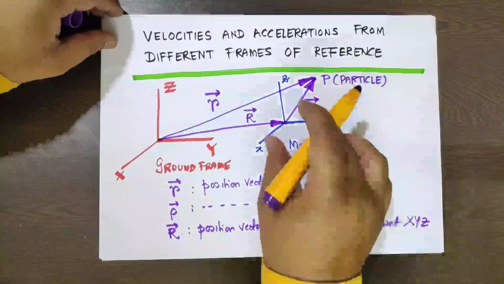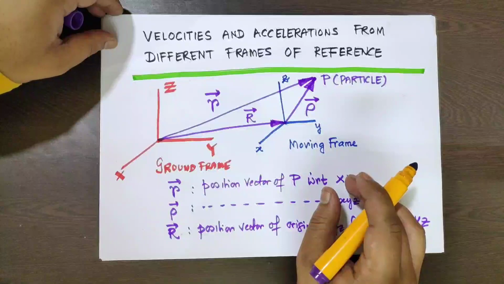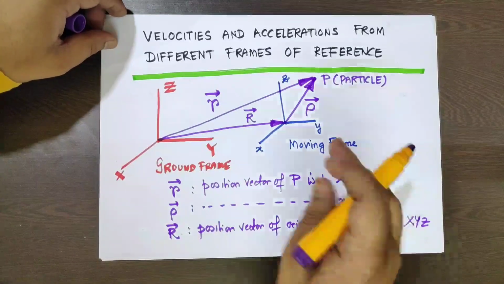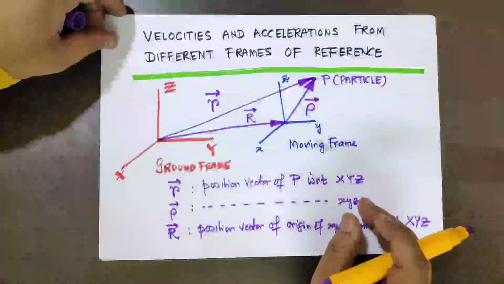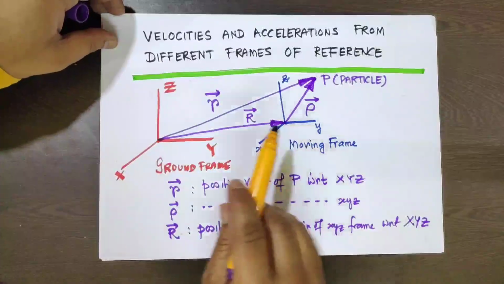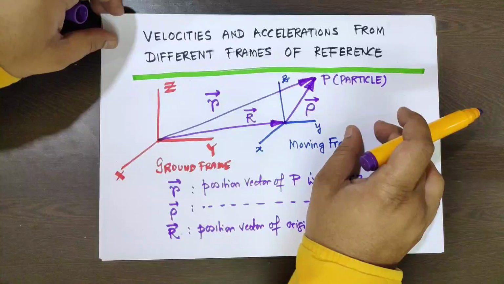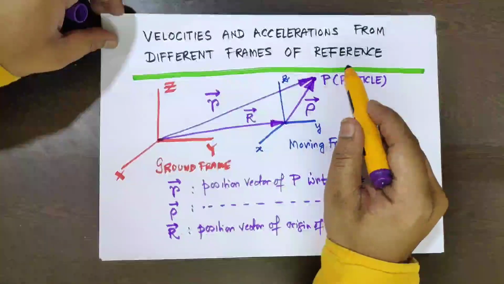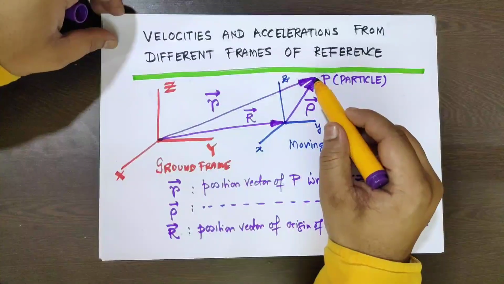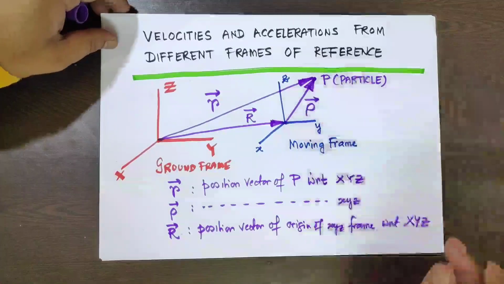So as if it's a car, that swinging car also, so that the car moves in this way, and inside the car you observe some particle which has position vector rho with respect to the car itself.